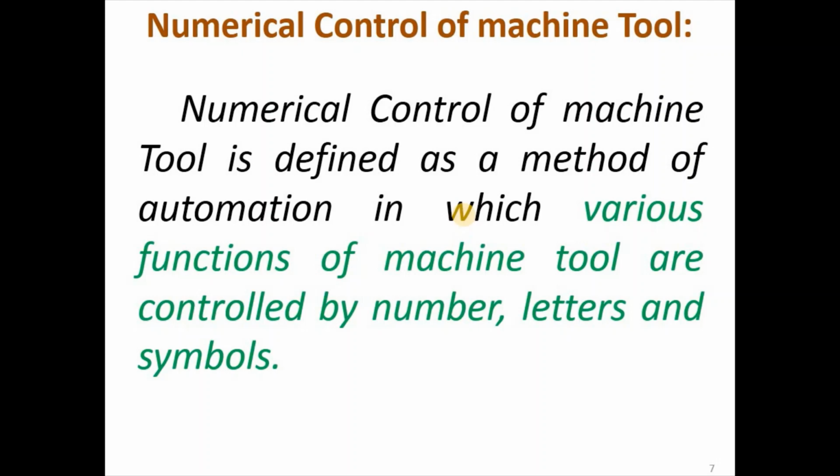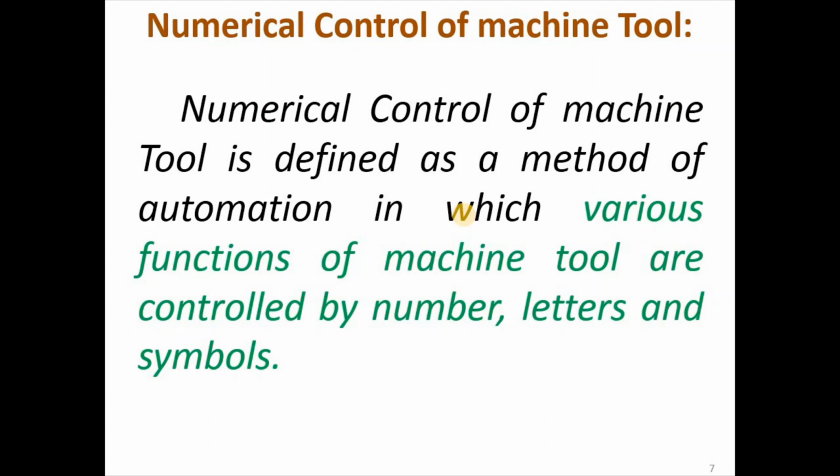Numerical control of machine tools is defined as a method of automation in which various functions of machine tools, such as drilling, milling, holding, are controlled by numbers and letters. Control by numbers means we give preparatory codes, G codes, for example G0 rapid traverse. By using these numbers and letters, we control the numerical control machine for the desired manufacturing.